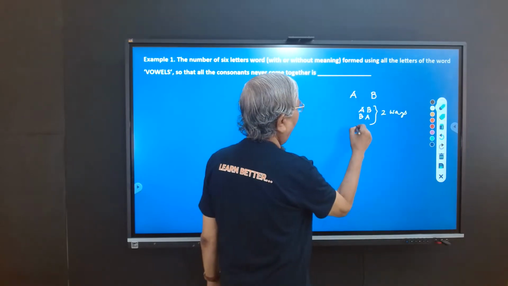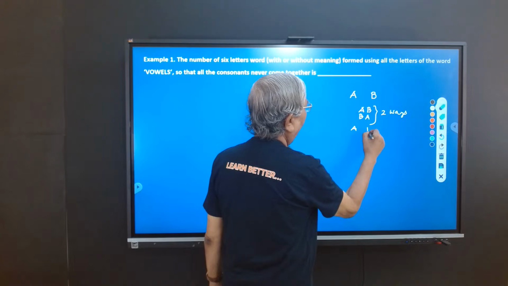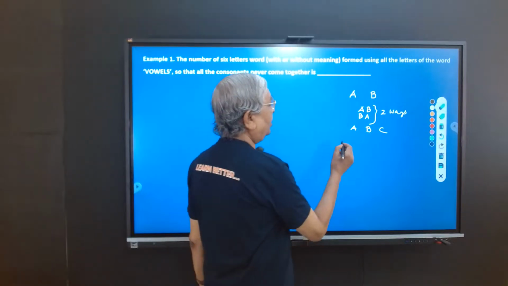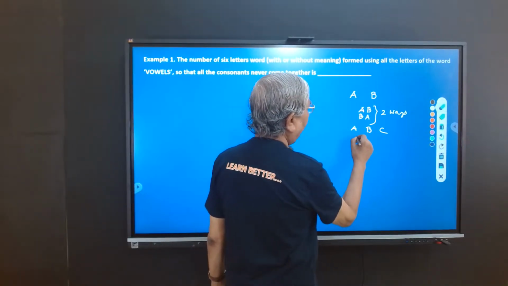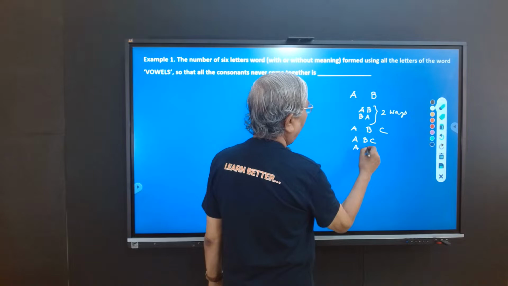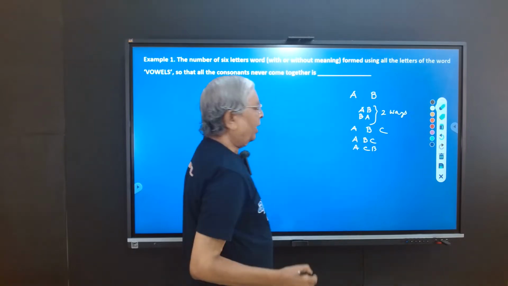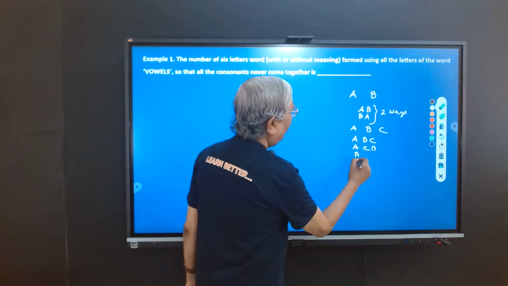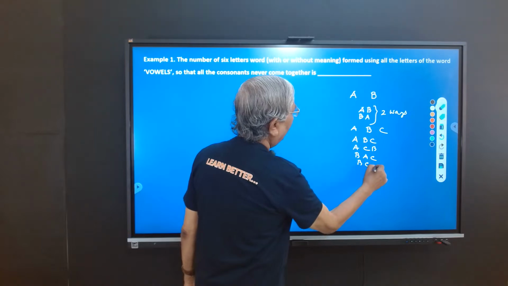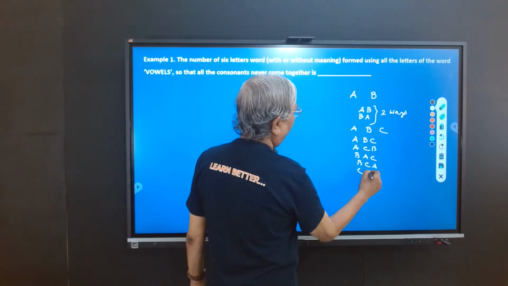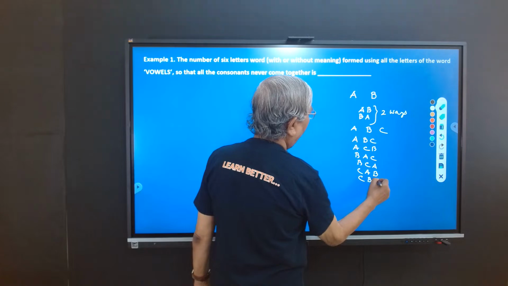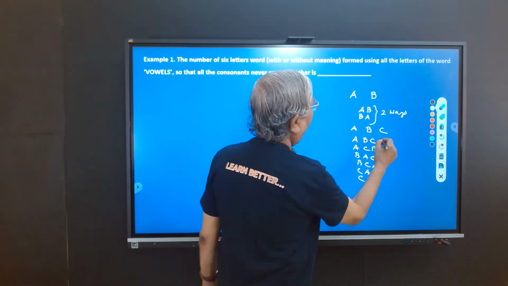Let's suppose we have three letters, say A, B, and C. How many arrangements? Taking all the letters, first you take A, then B, C. Next A, then C, B. Next, B, A, C, and B, C, A. Next C, A, B, and C, B, A. How many arrangements?